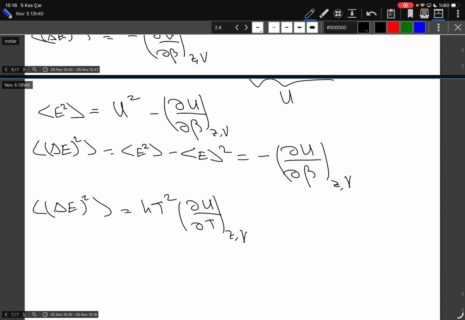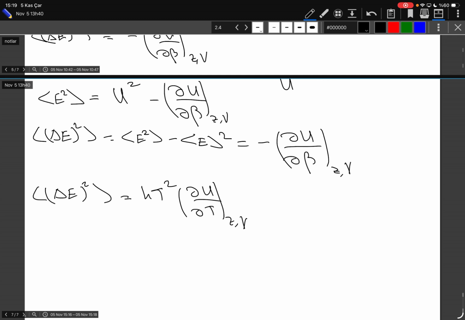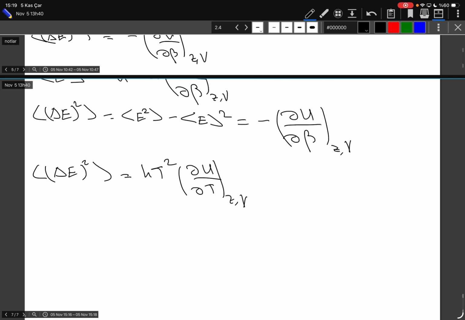First of all, I don't like Z as a free argument over there. I would rather express everything in terms of N, T, V, P, etc. So let's see what I can do with that derivative.